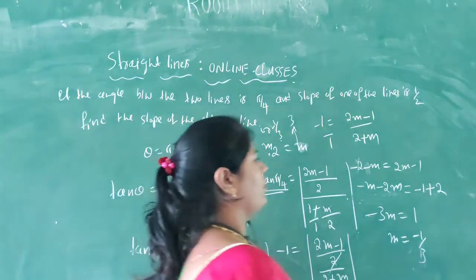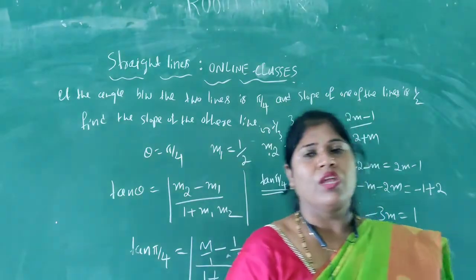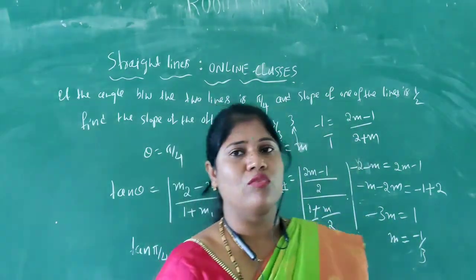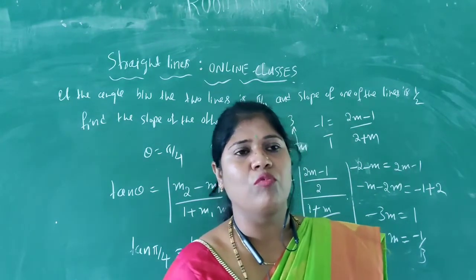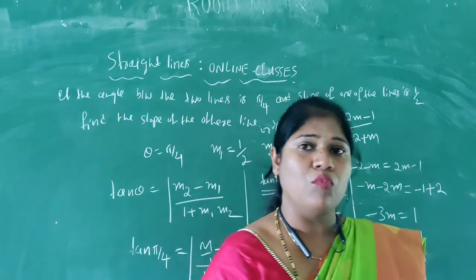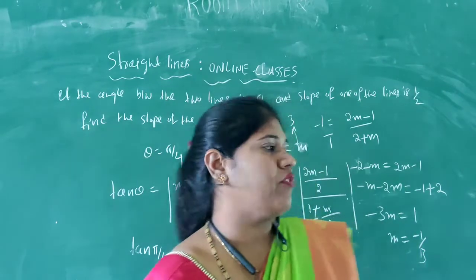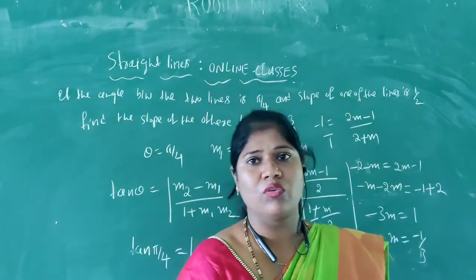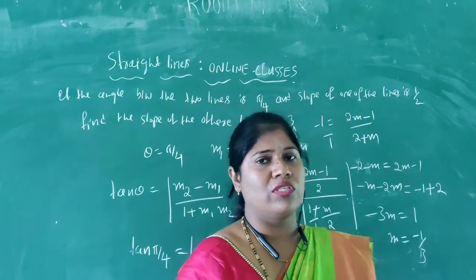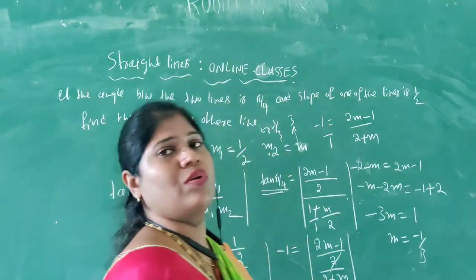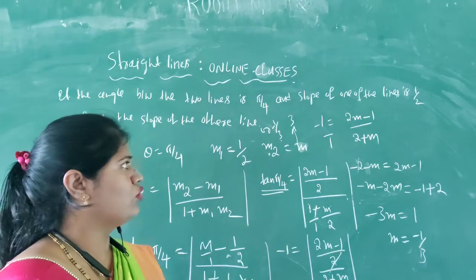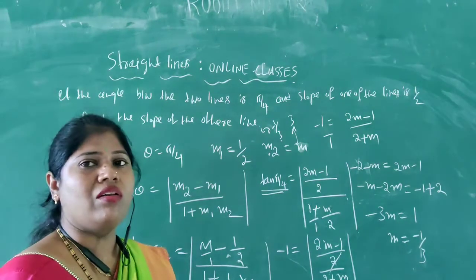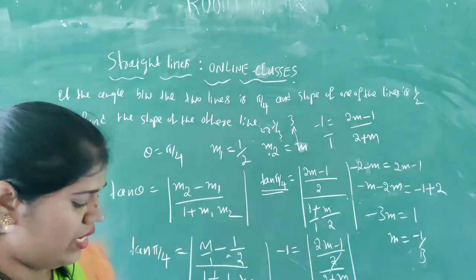So the formula will be tan theta is equal to modulus of m2 minus m1 divided by 1 plus m1 m2. After that, you should know that tan pi by 4 is equal to 1. You can do it for minus 1 also. Simplify, you will get the slope as 3 or minus 1 by 3.